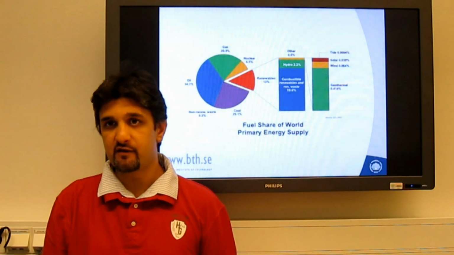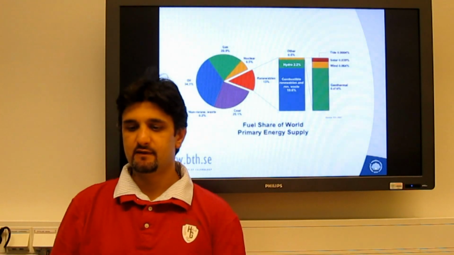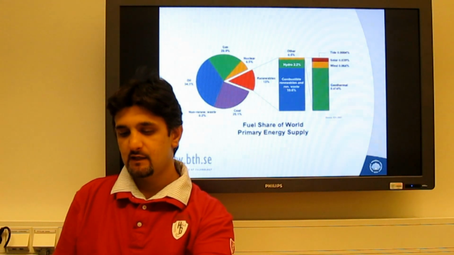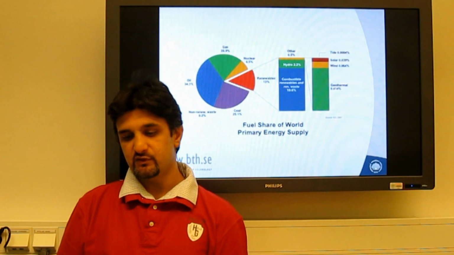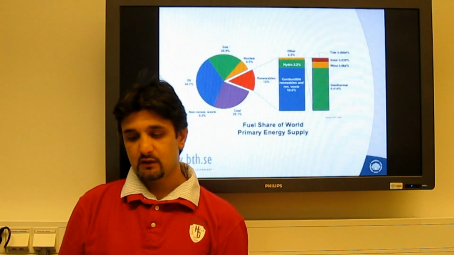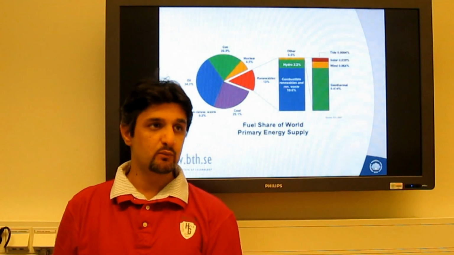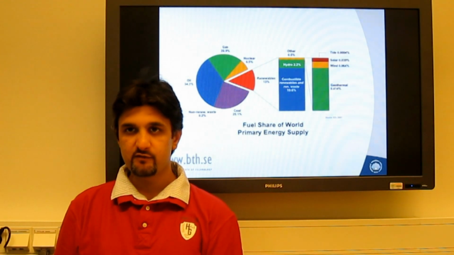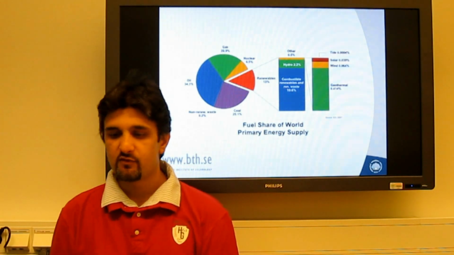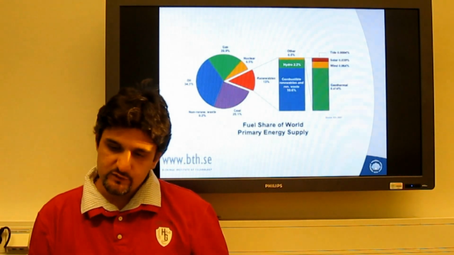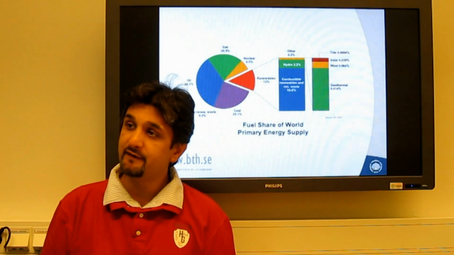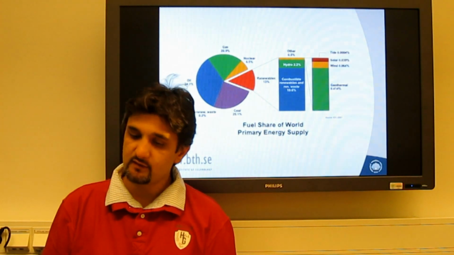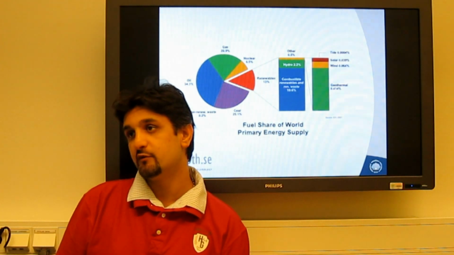The fuel share, it's an awful truth again, that coal is 25% of the fuel share, non-renewable waste is 0.2%, oil 34%, gas 20%, nuclear 6.5%, but the renewable energies are just 16% of the fuel energy of the world primary energy supply.